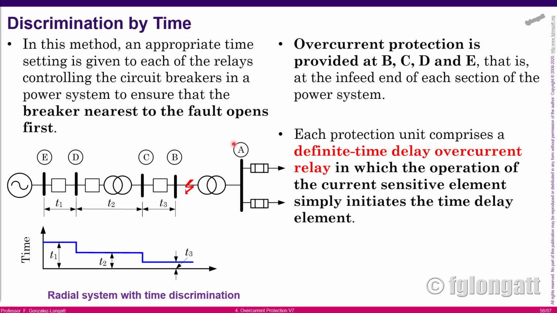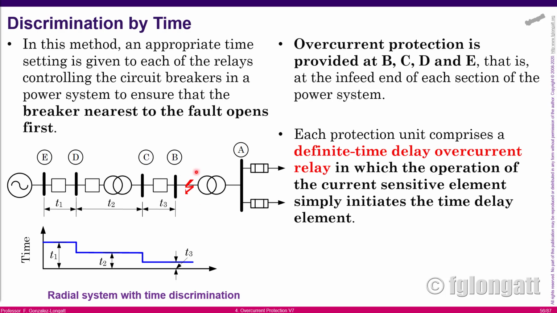Okay, let me start with some very basic and intuitive concept. Here we have, let's say, a radial configuration. We have a single power source. We have downstream some loads, and this is a radial configuration, okay?